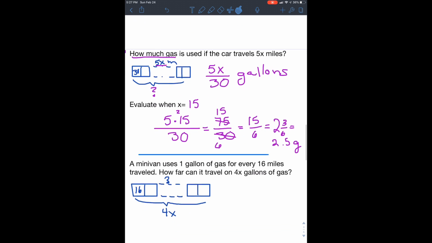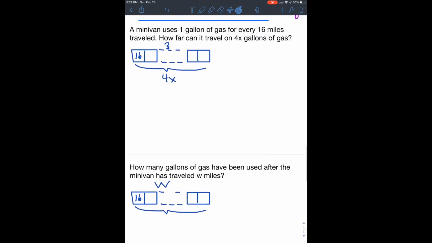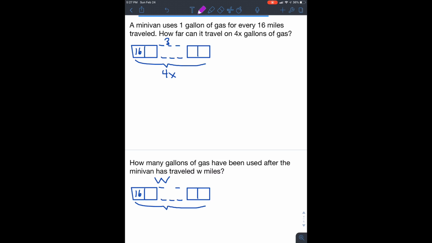Okay, let's take a look at another one. These are a little tricky. Okay, a minivan uses 1 gallon of gas for every 16 miles traveled. So each 16 miles is going to be a gallon. So if I go 2 amounts of 16 miles, that would be 2 gallons.